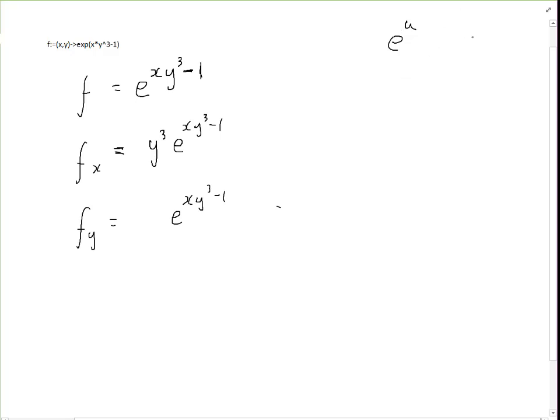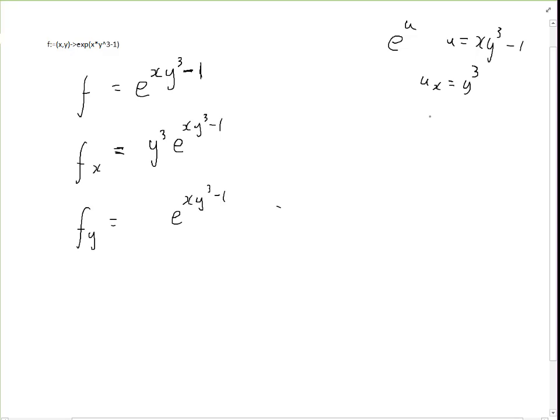Now we multiply by u differentiated, but this time we have to differentiate this with respect to y, because u is the exponent here. So this time, that was the first one I did. Differentiate with respect to x, it's y cubed. So I was multiplying this, multiplied by this, gives you this.